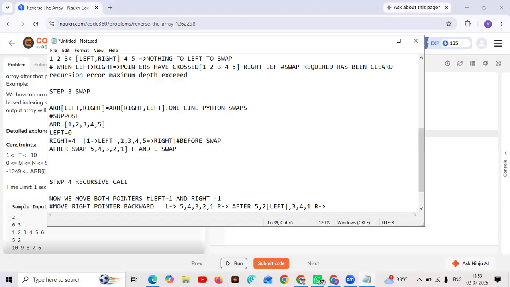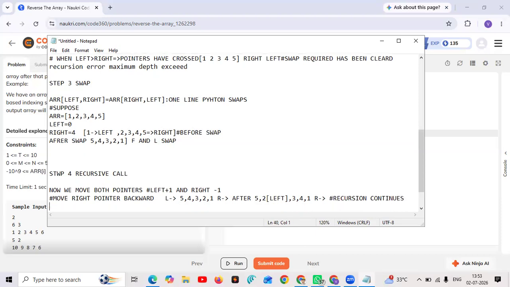So this is the concept of recursion. As usual, recursion continues. In the two-pointer approach also, we can see the concept of recursion.